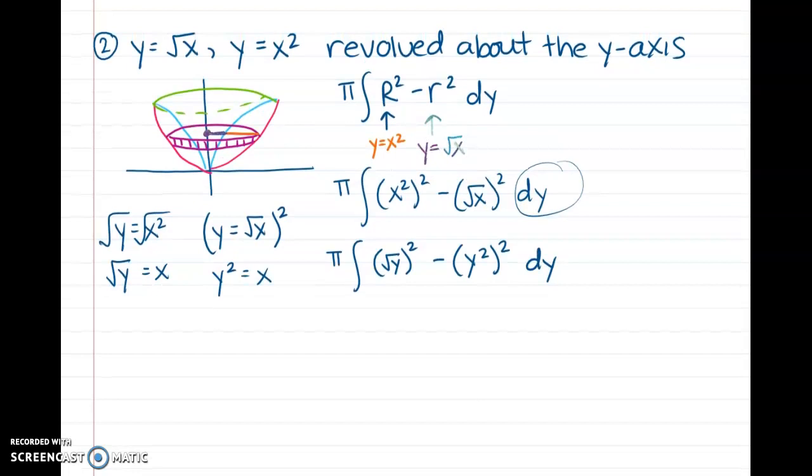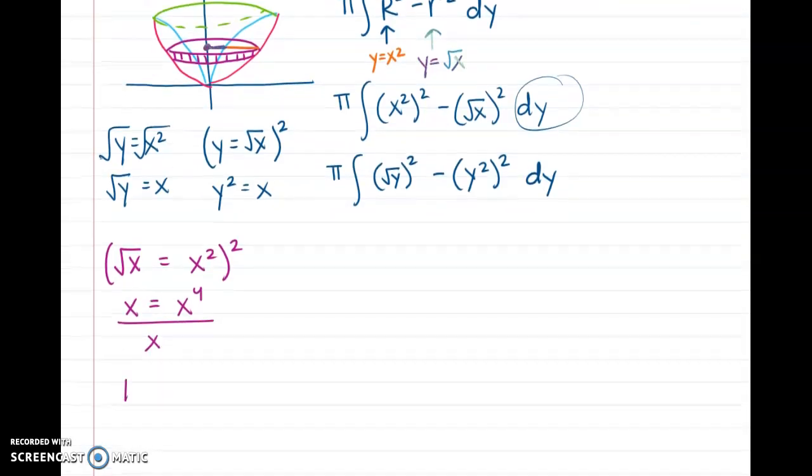In terms of how far it goes, you might be able to tell just by looking. If not, that's okay. Let's set square root of x equal to x squared. We square both sides. X equals x to the fourth. Divide by x. Starts to look kind of crazy, but essentially we know 1 is equal to x cubed.